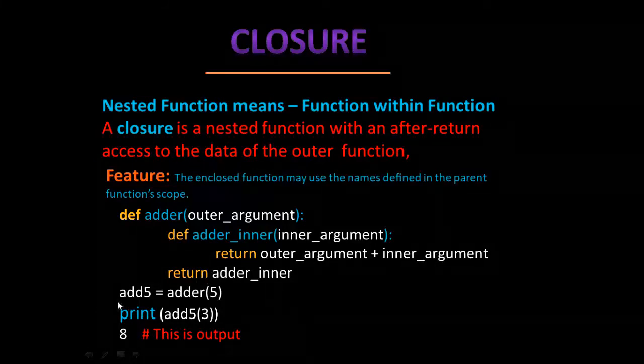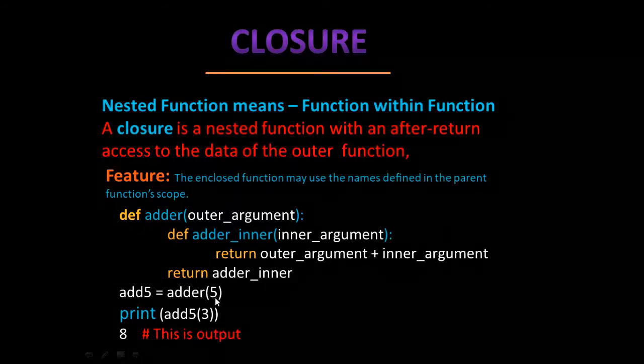Now when we call our adder method, we can pass only the first value, which goes to the outer argument. We have a variable called add5, which is calling our outer method adder5.